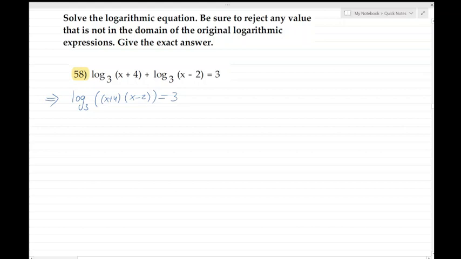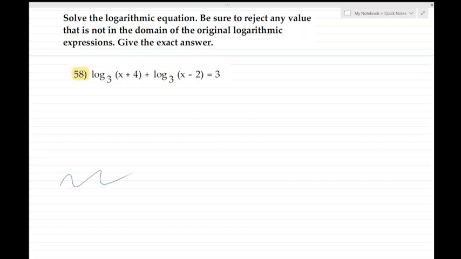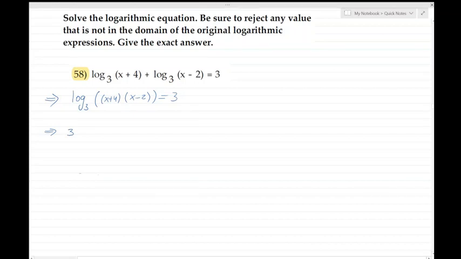So now I have a single logarithm, and I can just easily rewrite this as 3 to the power 3, right? Because this is 3 raised to that equals the other thing, or what's in the argument. So equals x plus 4 times x minus 2.